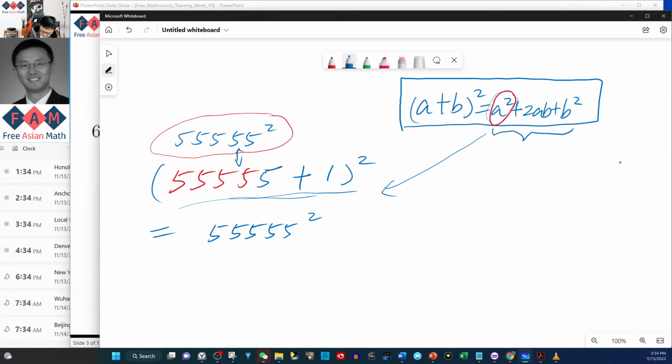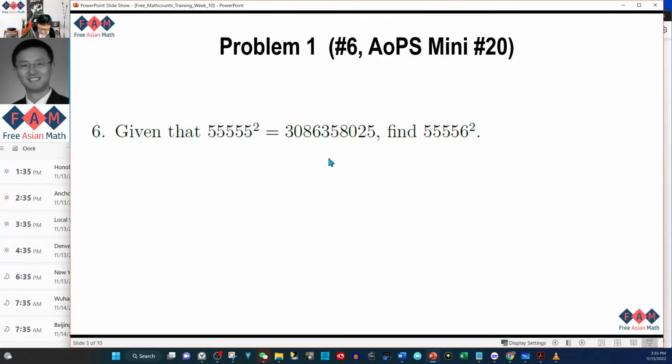So therefore, here is a squared, plus 2 times this a, which is 55555, then plus 1 squared, which is of course 1. Now you see why we are doing this, because this already provides you the number for the square.